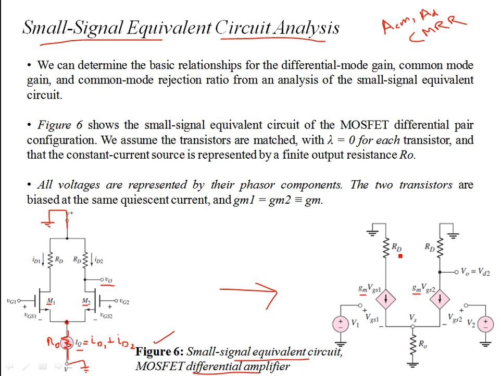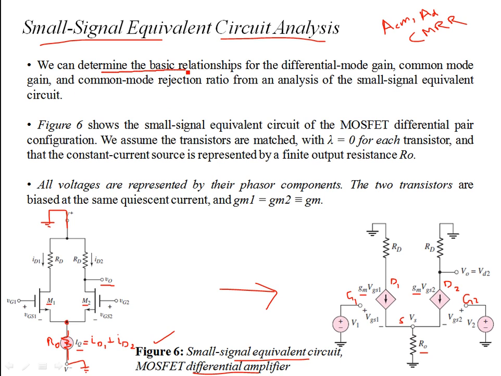With the drain there is the resistance RD, and then again signal ground. The current source is replaced by R0. This is the source, this is the drain terminal, and this is the gate terminal. The sources are tied together, and this is G1, D1, D2, and this is G2.